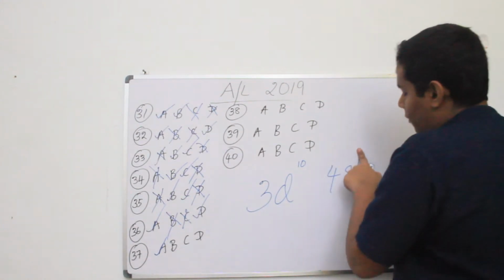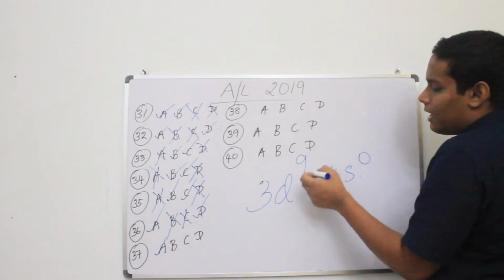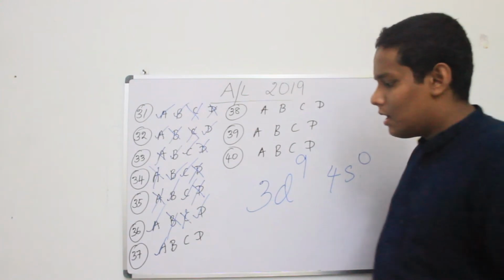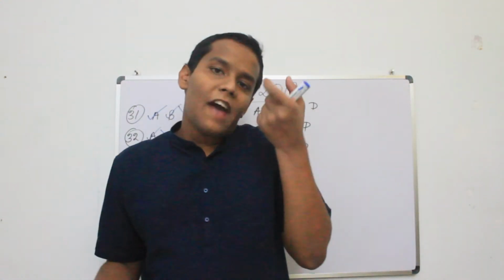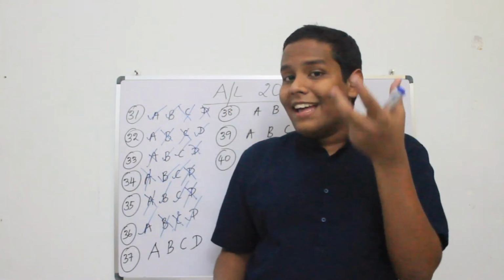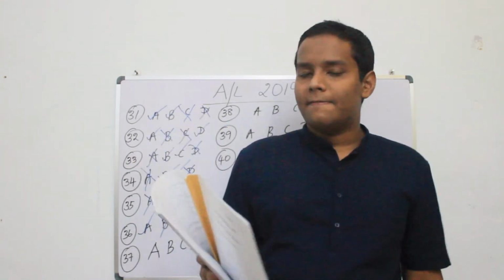If I remove electrons for Cu2 plus, it becomes 4s0 3d9, which doesn't come to a noble gas configuration. So statement D is correct. The fact that d block ions do not comply with the noble gas configuration is correct.